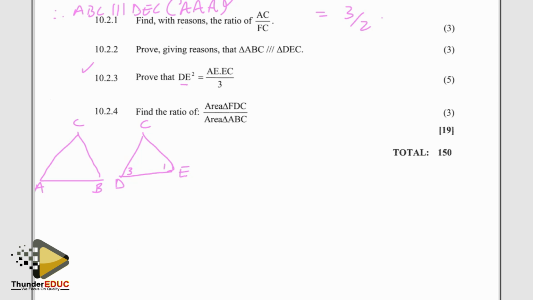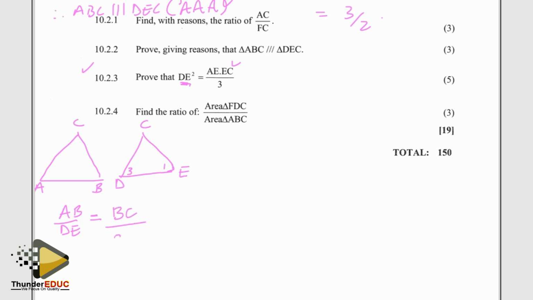So what I can see is that I need a side that is having DE or ED, which is this. So I'll say AB over DE. Which other side? We have EC, which means I need to use this side.